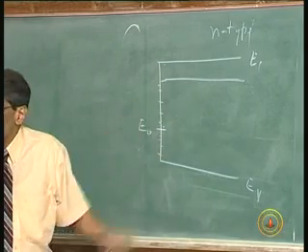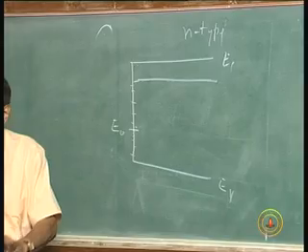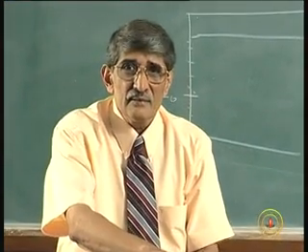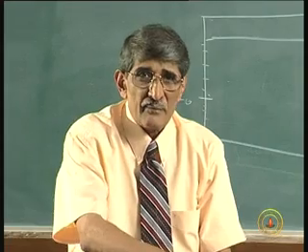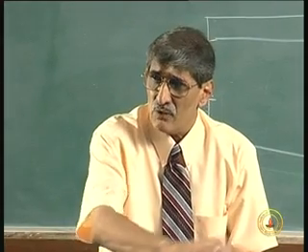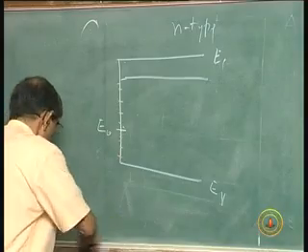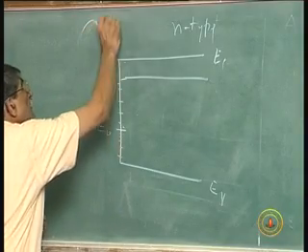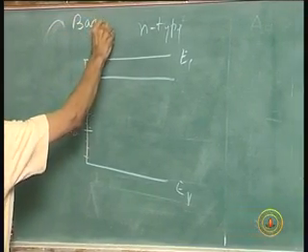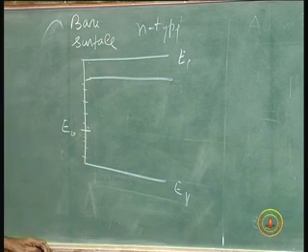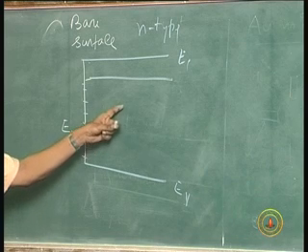This is a free surface, absolutely no metal, I have taken a semiconductor surface like that. Because of the high density of states, no oxide, nothing, just a bare semiconductor surface. Okay, what will happen now? This is n-type.